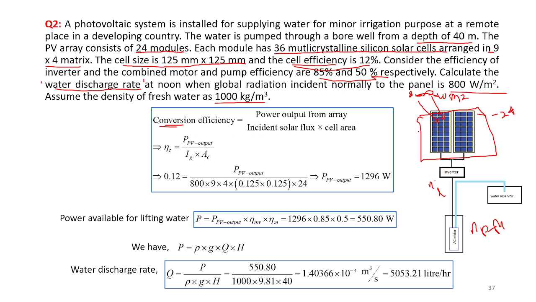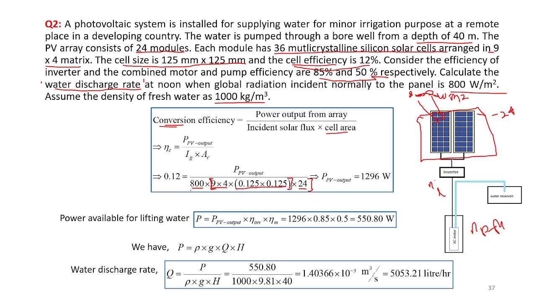The power input is the incoming solar flux times the whole cell area. So it will be 800 times the area. The area is the 9 cross 4 arrangement of the solar cell matrix, with each cell having this much area. This is for one module, and 24 such modules are there. So this will be your total area.